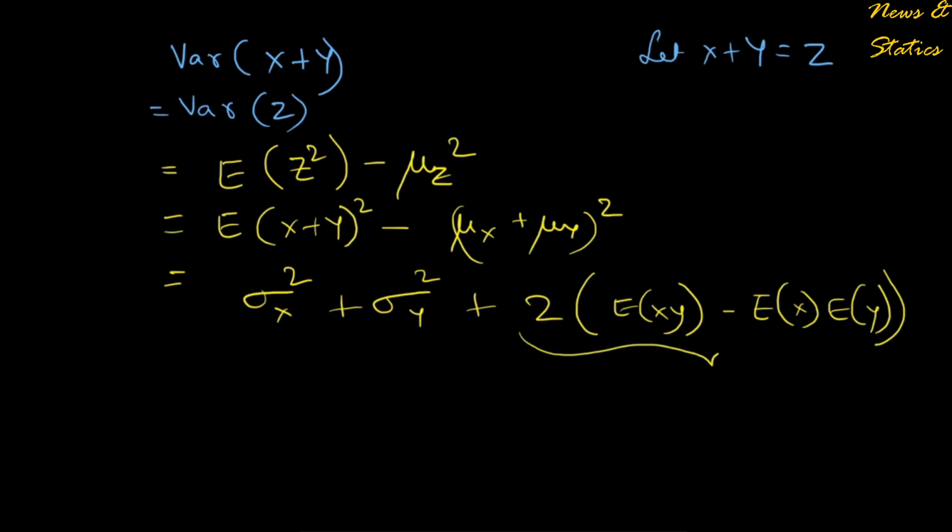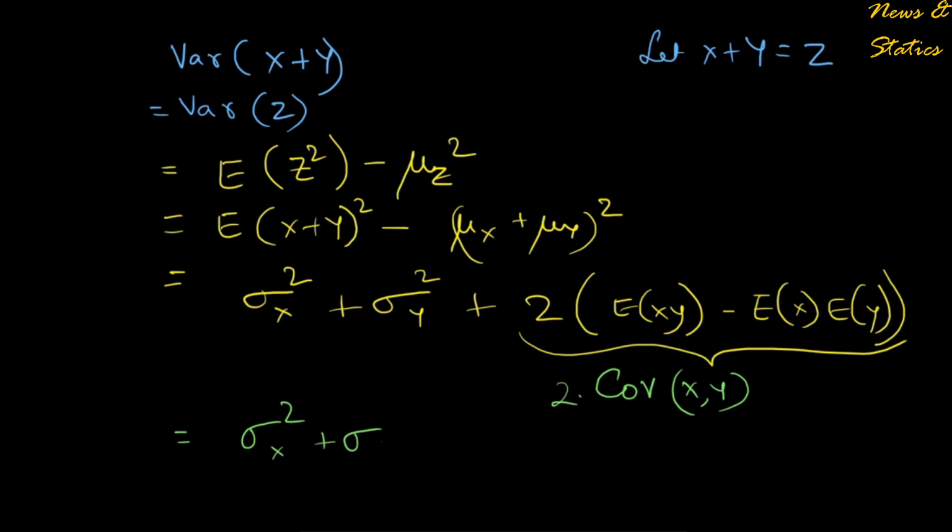This is known as the covariance, twice the covariance of x and y, which is 0 if x and y are independent. So I'll assume the case where x and y are independent, and therefore, as you can well understand, the variance of z will be equal to the variance of x plus the variance of y if x and y are independent.